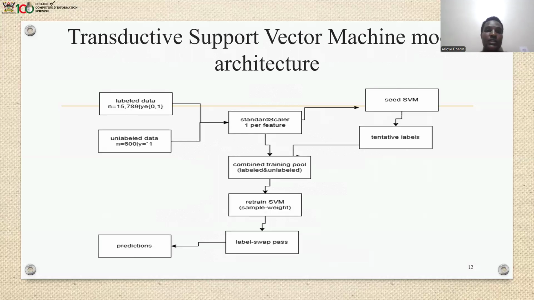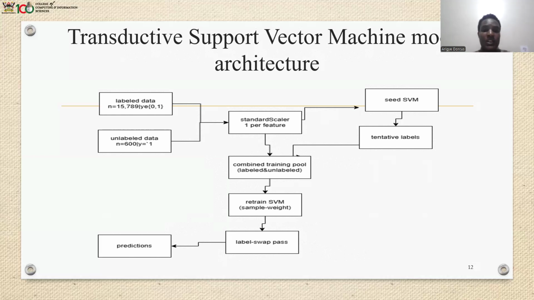Next, we look at the transductive support vector machine model architecture. Now looking at the SVM, this model extends the traditional SVM by incorporating the unlabeled data into training. Instead of just separating the labeled points, it tries to position the decision boundary in regions where there are few data points.